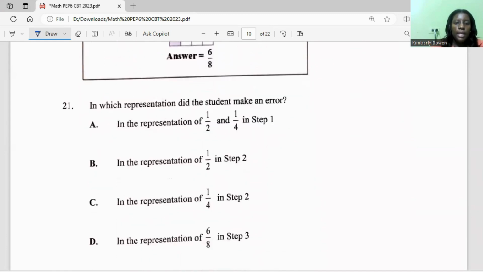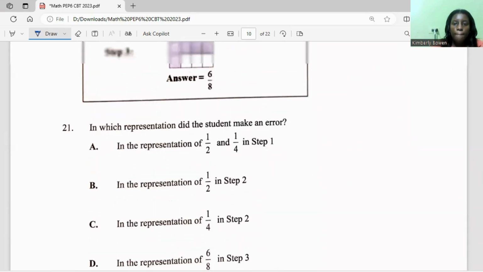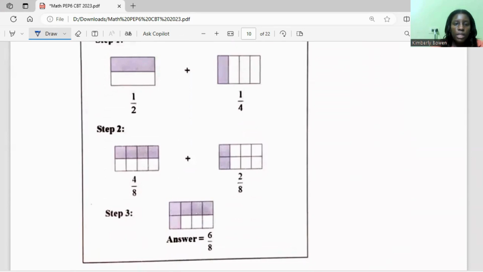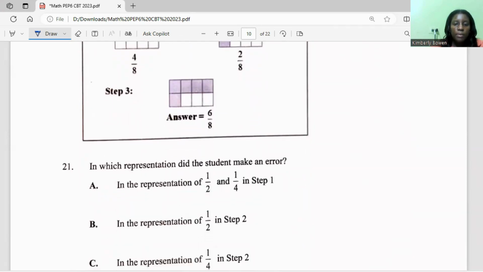Okay, so in which representation did the student make an error? In the representation of a half and a quarter, let's look at it. Step one looks to be okay. Let's look at the representation of a half in step two.